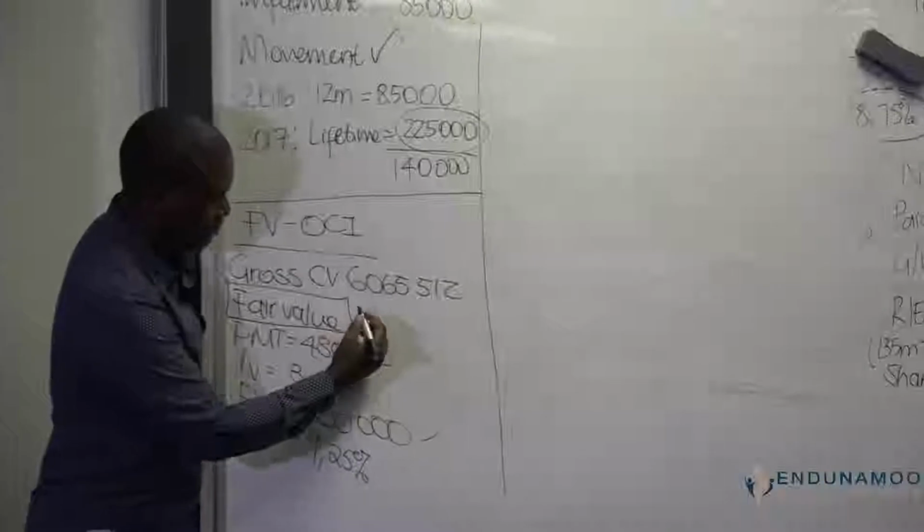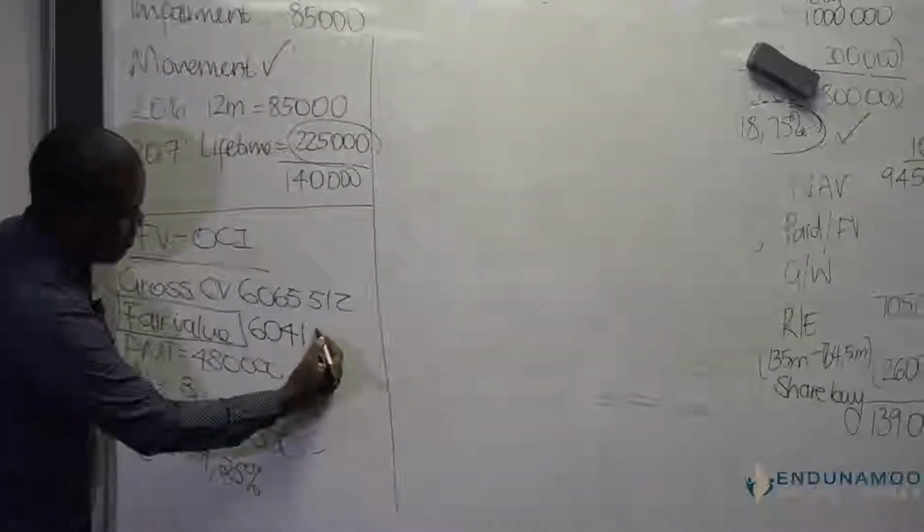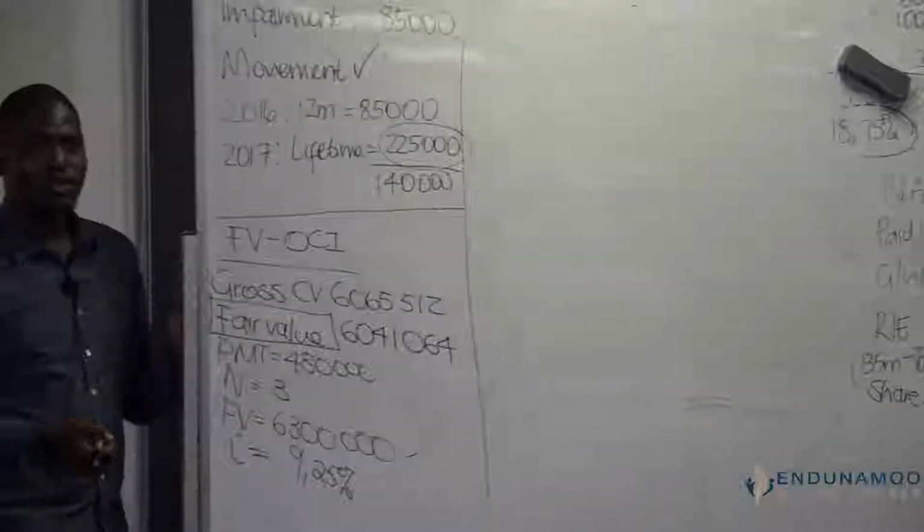Six million, 041,064. So what is the fair value adjustment?